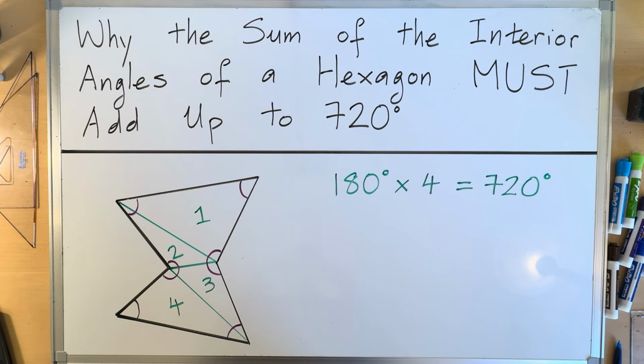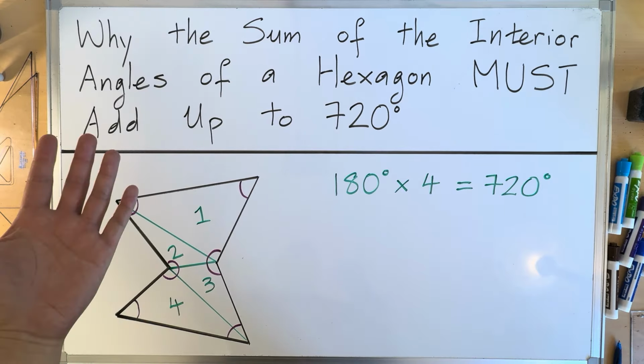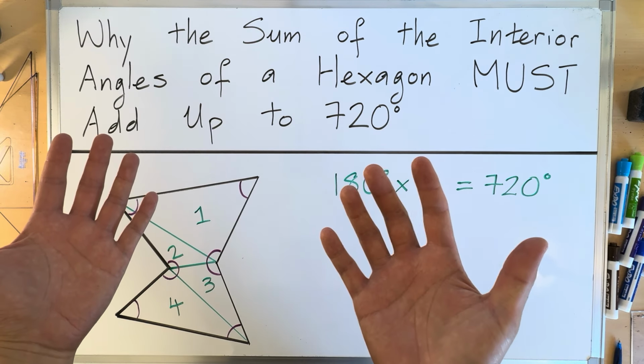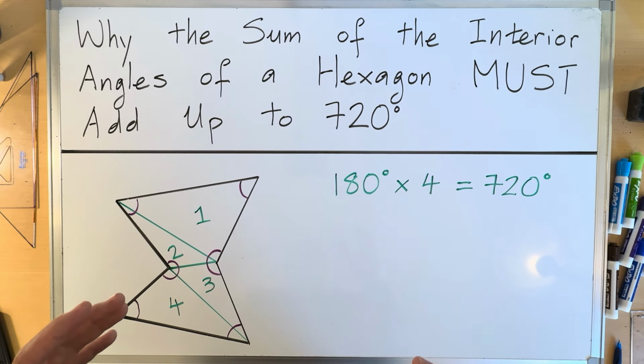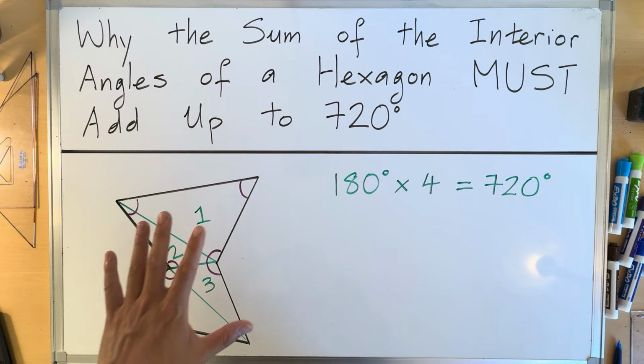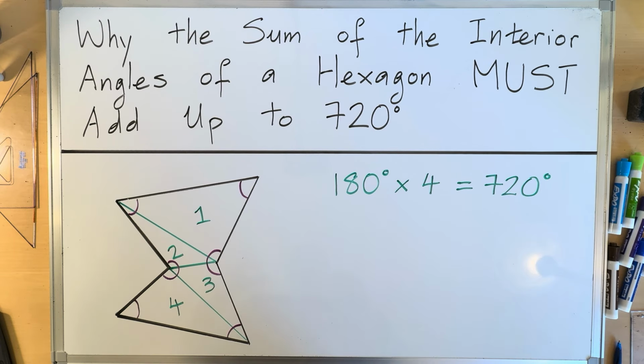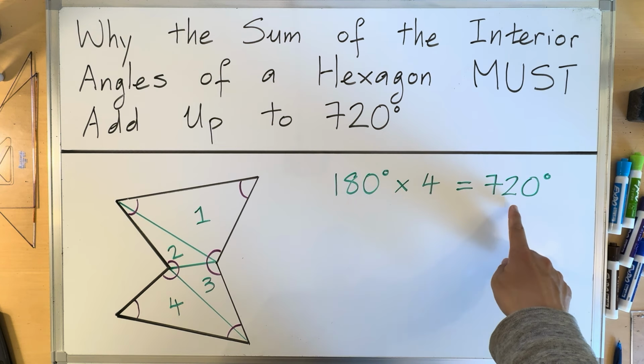And this is why the sum of the interior angles of a hexagon, regardless of whether the hexagon is regular or irregular, and regardless of whether it is a concave hexagon, like the one shown right here, or a convex hexagon, must add up to 720 degrees.